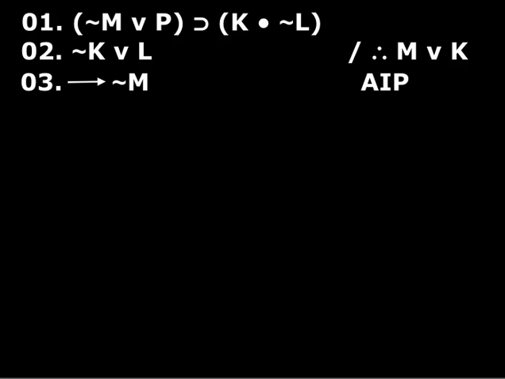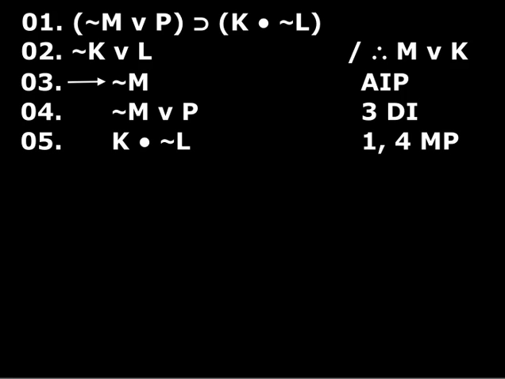So I've got m. I can get m or p by DI on line 3, and now I have the antecedent of line 1. So I can do modus ponens on 1 and 4 to get k and not l. I'm going to simplify k and not l.